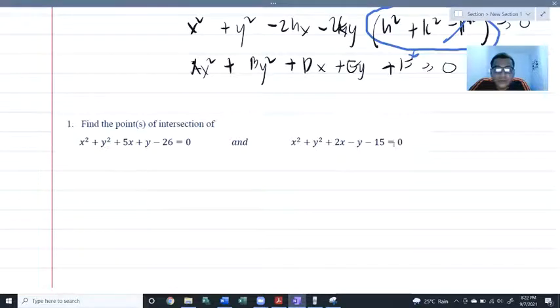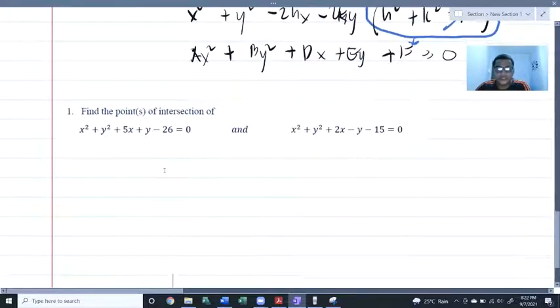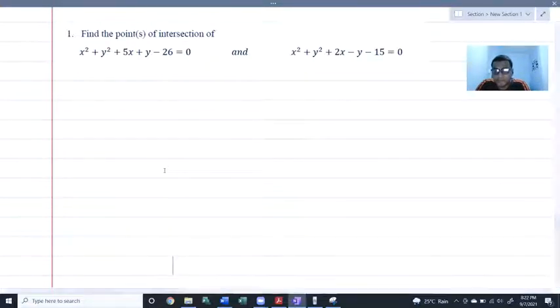Next, we need to verify if the two given circles actually intersect. Otherwise, we will have no solution to this problem. So how do we do it, guys? By graphing, of course, by graphing the two circles. So how can we graph the two circles given its general form?